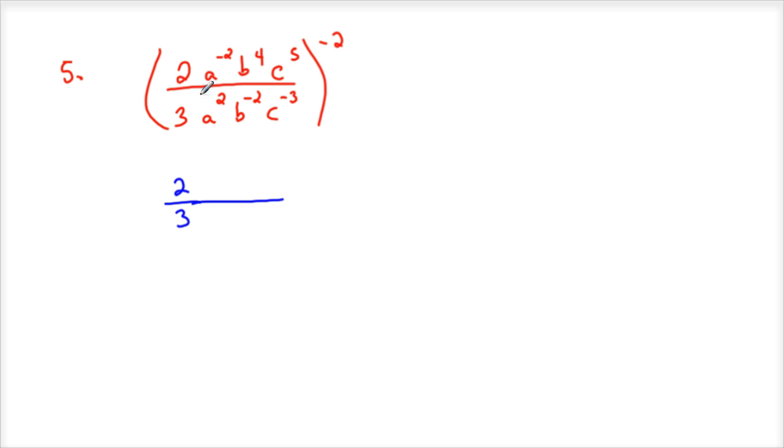This is a to the negative 2 over a squared. So if you think about this, this is going to be a to the negative 2 minus 2. So it becomes a to the negative 4th power. This is b to the 4th minus negative 2, which gives me b to the 6th. And then finally our c to the 5th minus negative 3, which gives me c to the 8th power here.